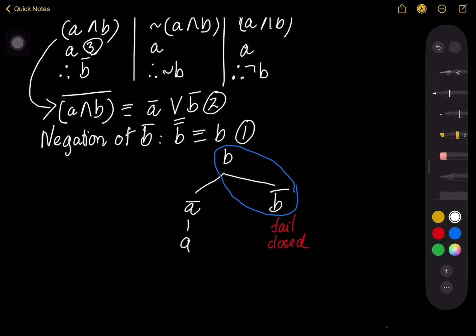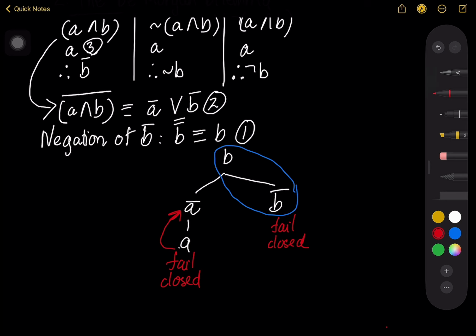There is a contradiction: not A, but A up to not A. So now, what do we say? It fails, so it is closed.